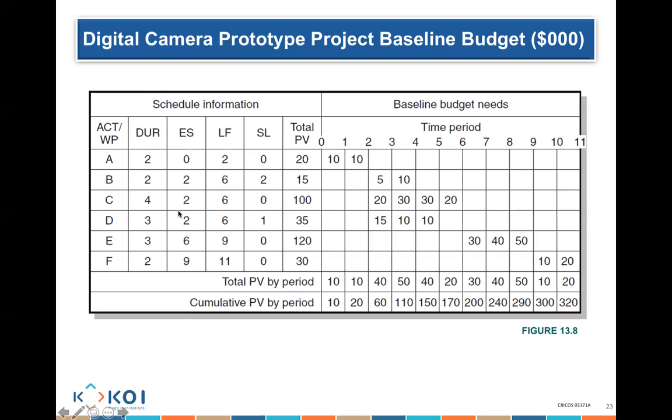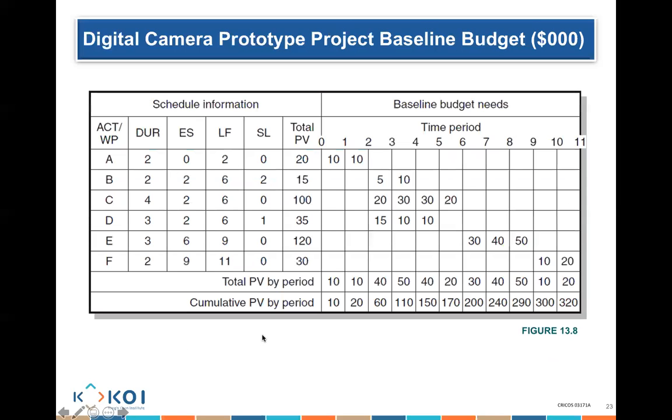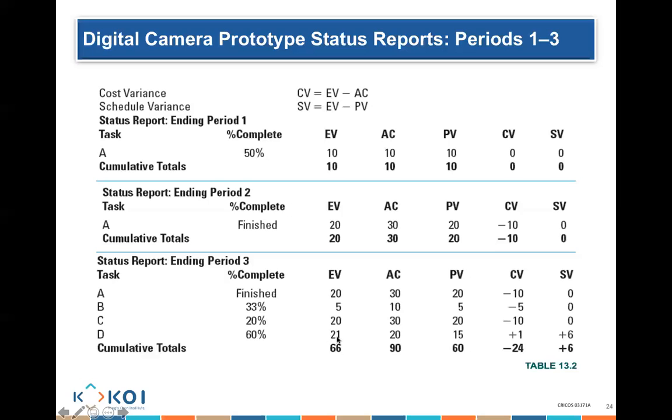Activity D. I'm planning to spend $15 in week 2 to 3. So that's planned $15. I did 60% of activity D. So if I did 60% of $35, what is that? Well, that's $21. How much did it cost me in practice? $20.